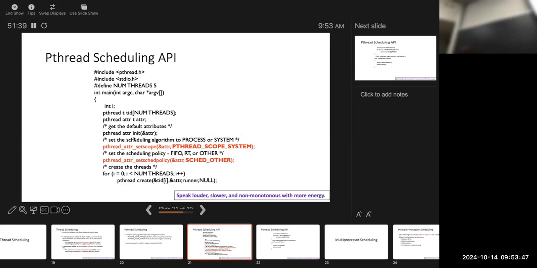But if you want, you can specify here that you want to do FIFO, which is another name for first come first serve. For more detail, you can go and check the manual page of the pthread API, or simply Google it and it will give you the other scheduling policy options you have.